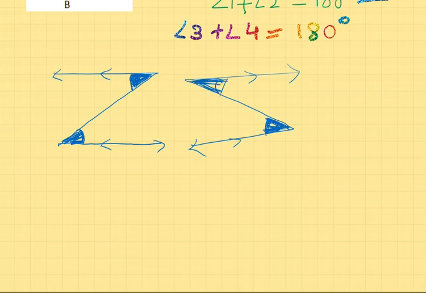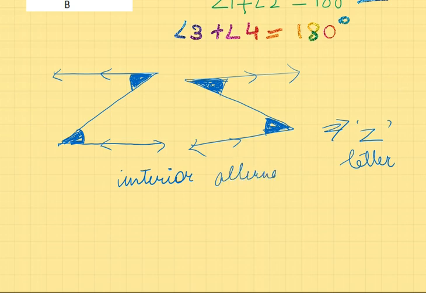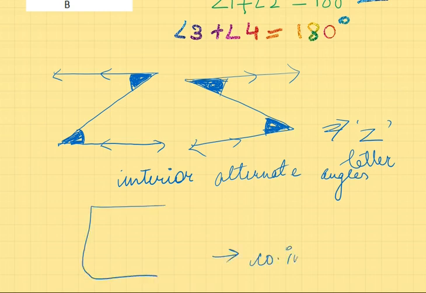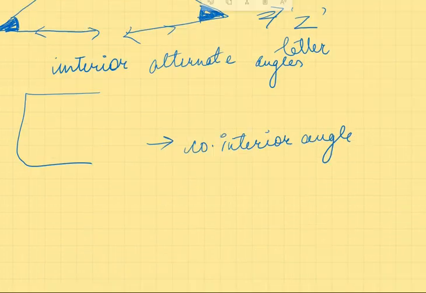So interior alternate की पहचान क्या है? They form Z, these are interior alternate angles. U जहाँ बनता है, they are interior angles.